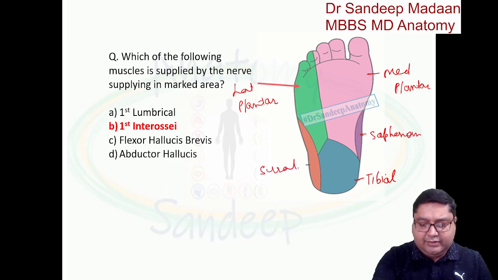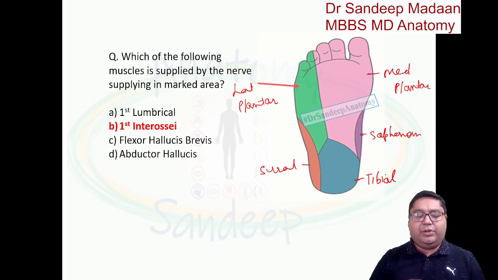So these are the cutaneous nerve supply for the sole of the foot. But why is first interossei the answer here? So far as the motor component is concerned, that means the muscles of the sole, by and large almost all muscles are supplied by the lateral plantar nerve, except four muscles which will be supplied by the medial plantar nerve.